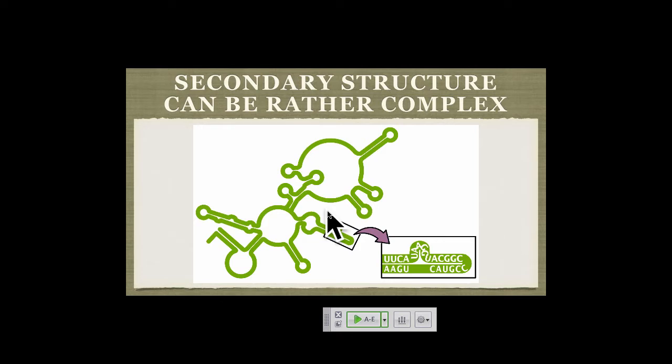This is becoming more and more important as we're discovering more, especially small microRNAs that are carrying out genetic functions in the cell that were completely unknown just a couple of years ago. For instance, the junk DNA, the dark matter of the human genome, which makes up about 98% of the human genome.